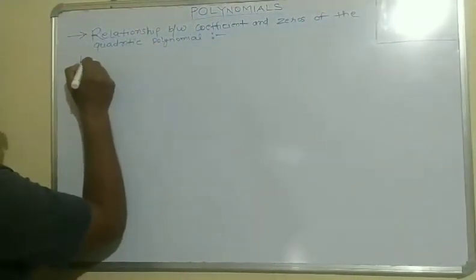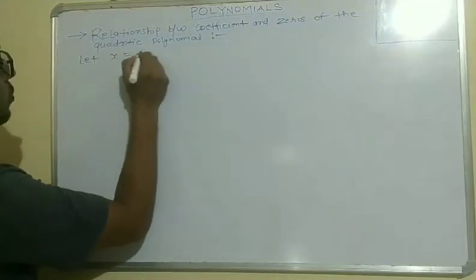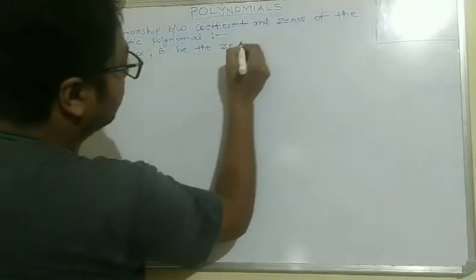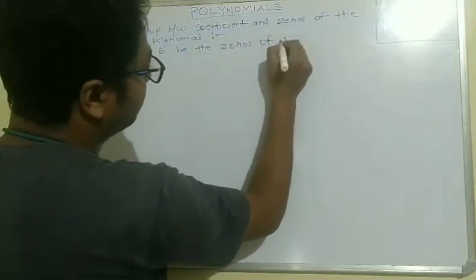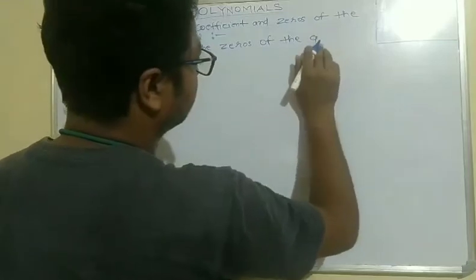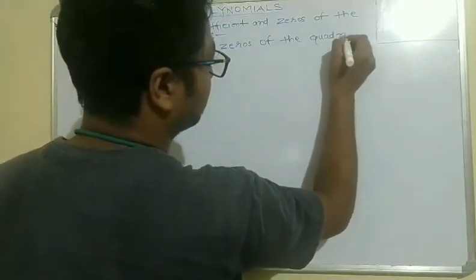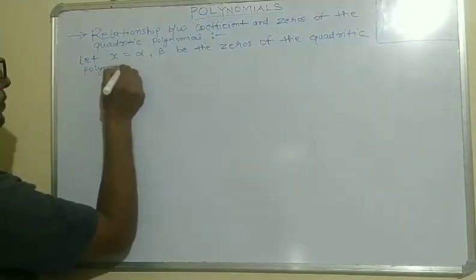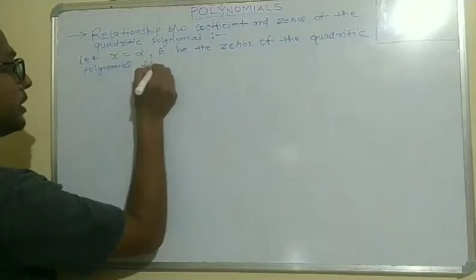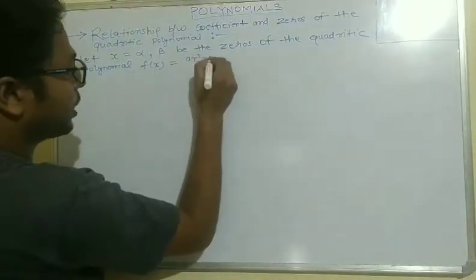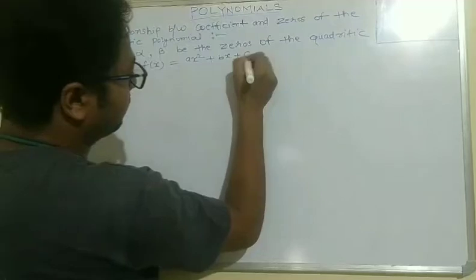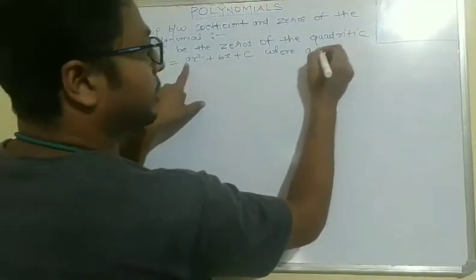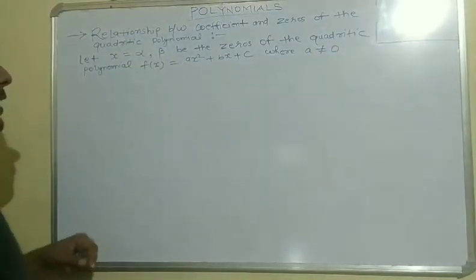Here let x equal to alpha, beta be the zeros of the quadratic polynomial f(x) equal to ax square plus bx plus c where a is not equal to 0.